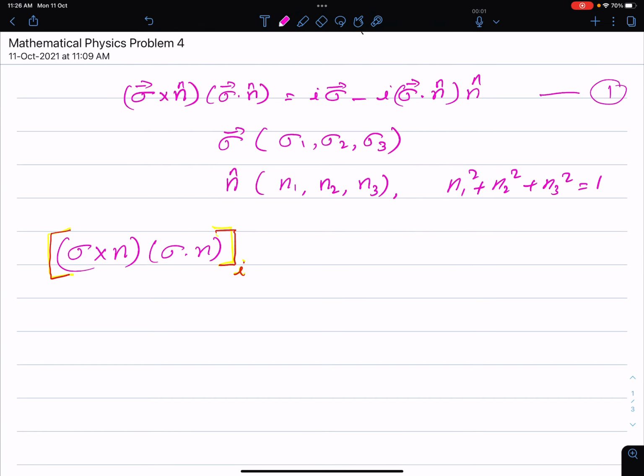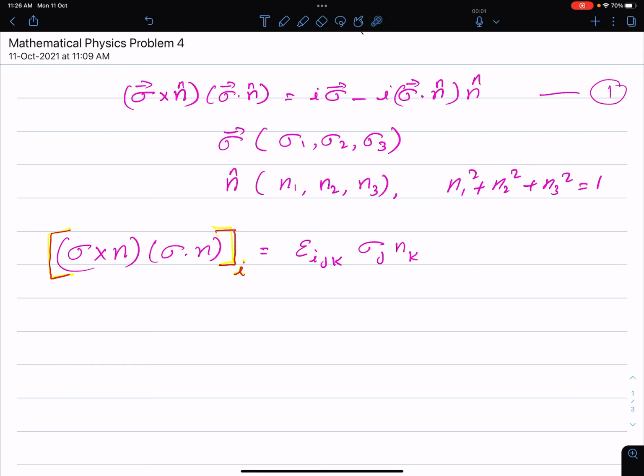So here what you can see is that this is equal to epsilon i j k sigma cross n, because only sigma cross n is a vector. So what you can do is you can right away write down this is equal to sigma j n k.